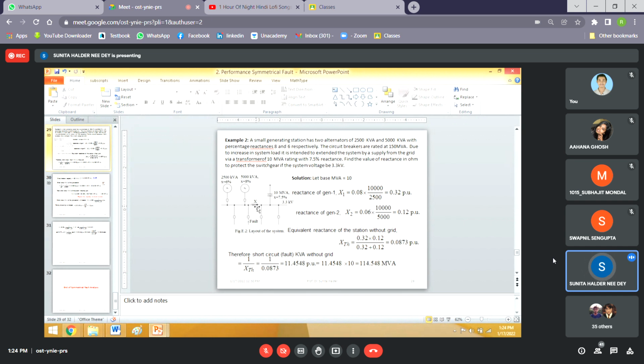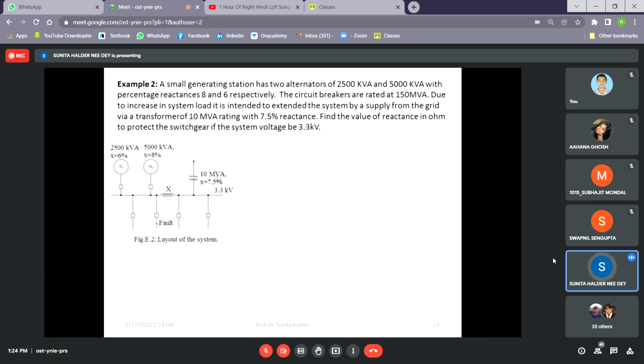Here, say, this transformer reactance and the X are in series. Why? But these two X's are in parallel. Obviously, they are in parallel. It is correct. But why is it in series with this one, not with this? That you have to identify, and you will be able to identify it with proper concept only if you practice. Otherwise, not.